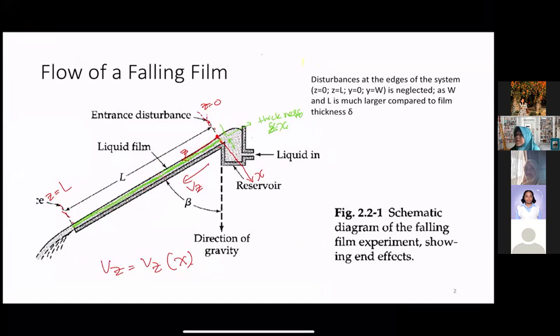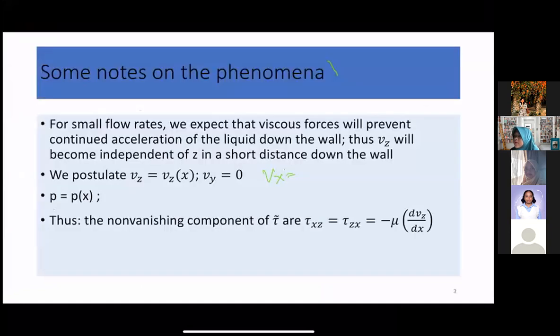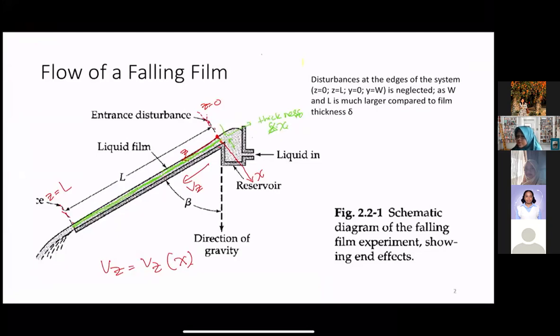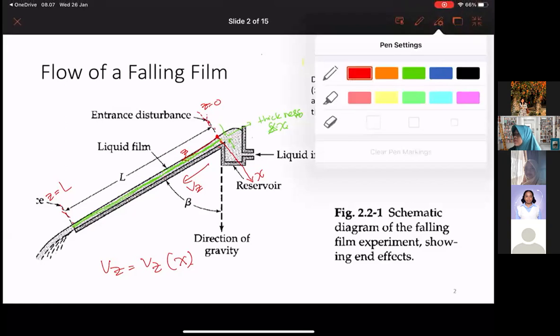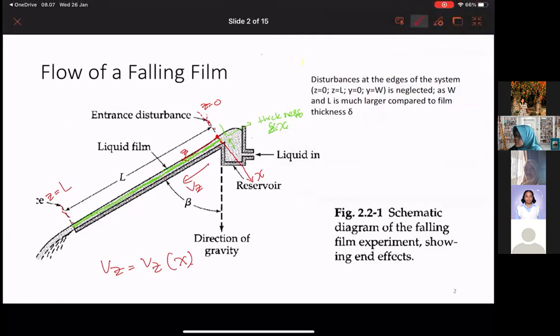So what we need to do is, first, we have to construct. If we look at the procedure, let me check the book again here.